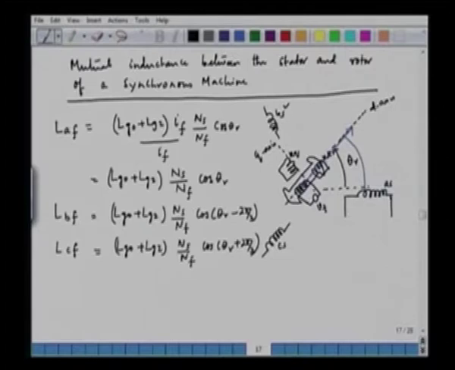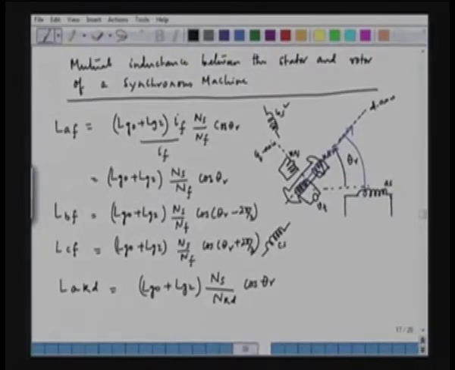What about the damper winding? In a similar way, I can write down LAKD is equal to Lg0 plus Lg2 Ns by Nkd into cos of theta r.